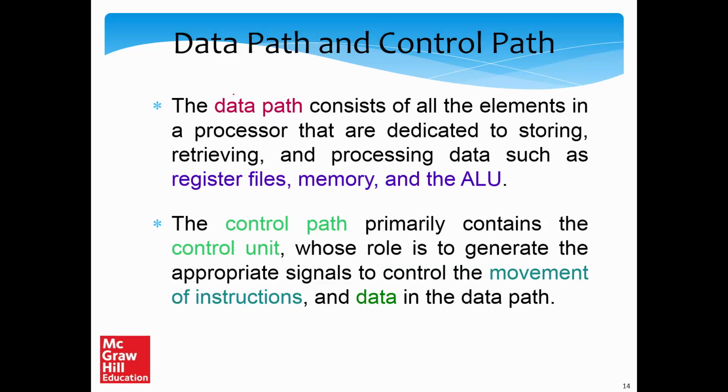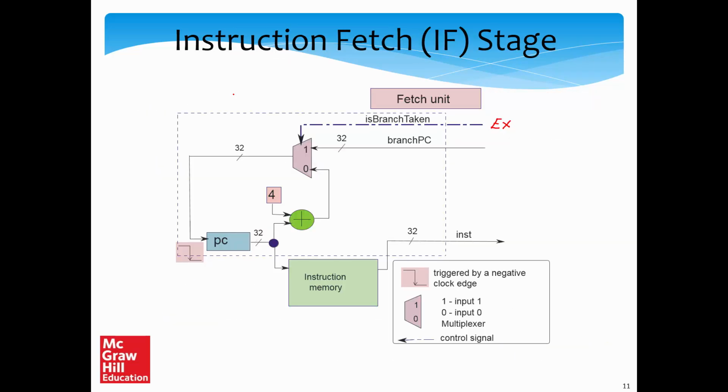If you see the IF stage, you can see that there are two inputs which are coming from the EX stage. One is the branch PC and one is isBranchTaken. Essentially we are making a choice between PC plus 4, which is the default next PC, and the field called branch PC, which is the target of the branch for a taken branch.